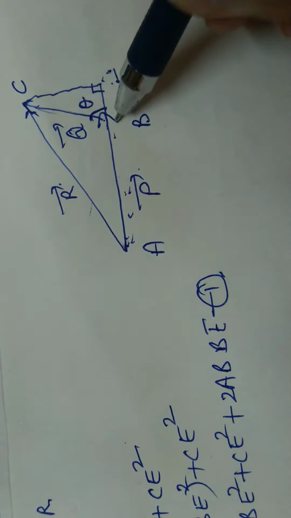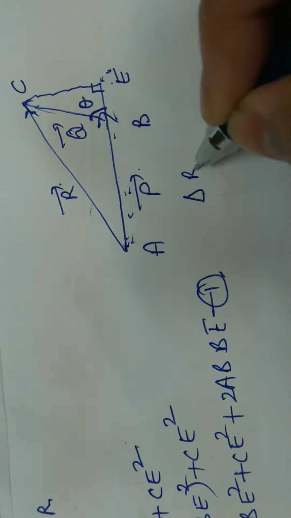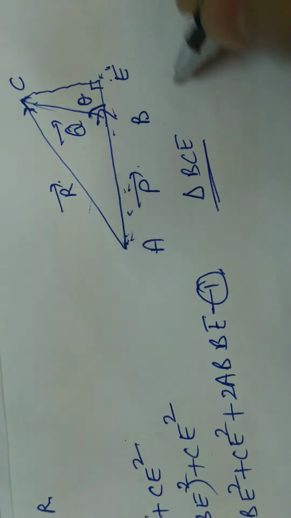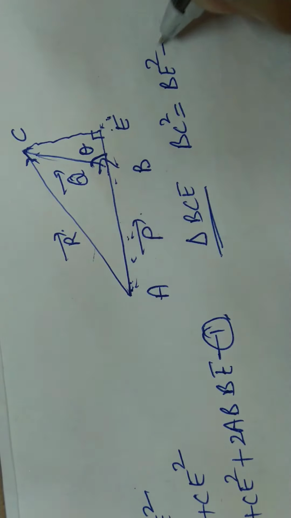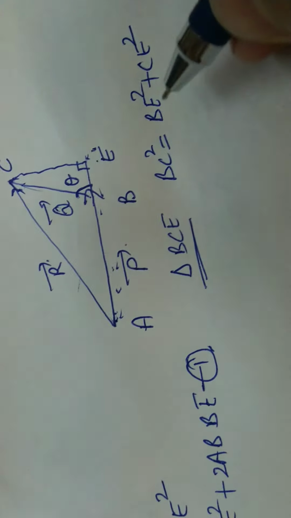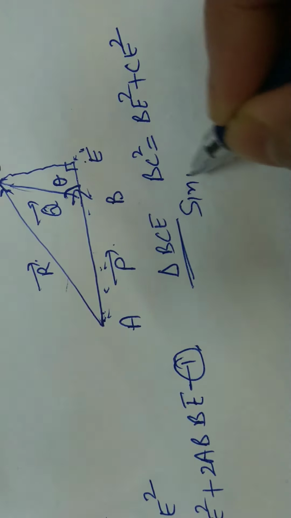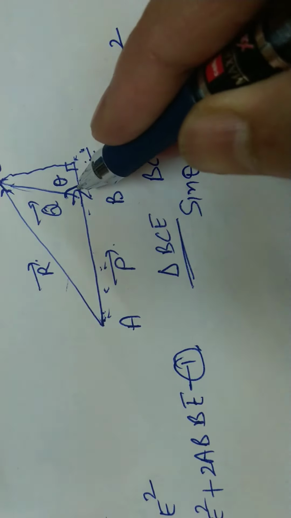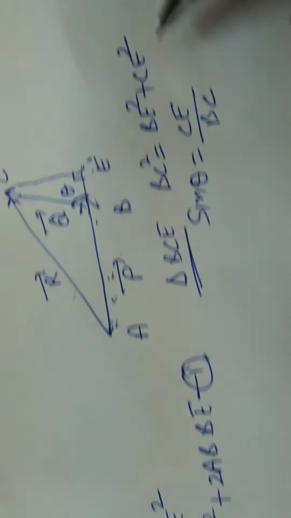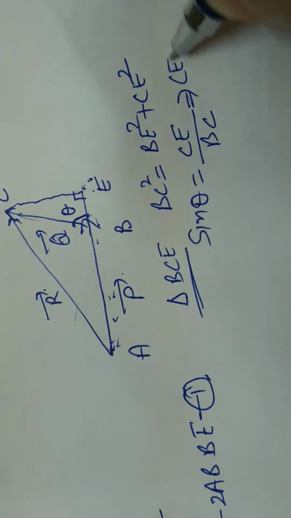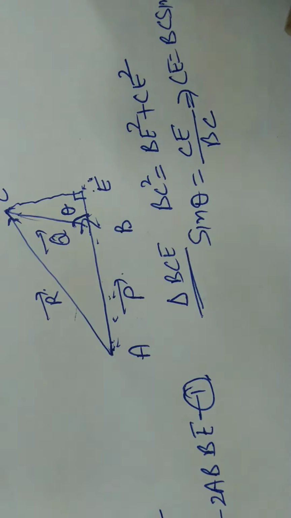Now come to this small triangle BCE. Again by Pythagoras, BC square is BE square plus CE square. Then we have sine theta in this triangle, CE upon BC, or we can say CE is BC sine theta.